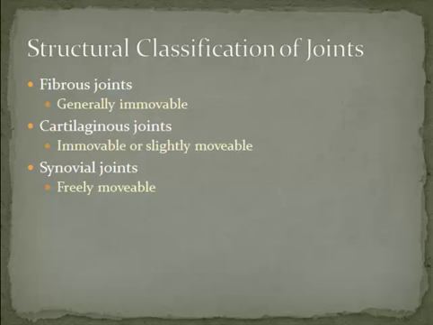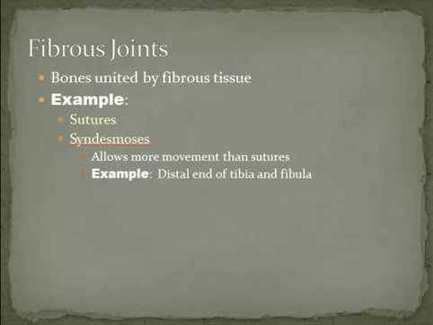Fibrous joints. So the joints are connected together with fibrous tissue. Some examples of this would be sutures, as we talked about just briefly a second ago. Sutures, these are the type of joint you find in your skull, where two bones come together, and they're connected together by this fibrous tissue. So these are synarthrosic.